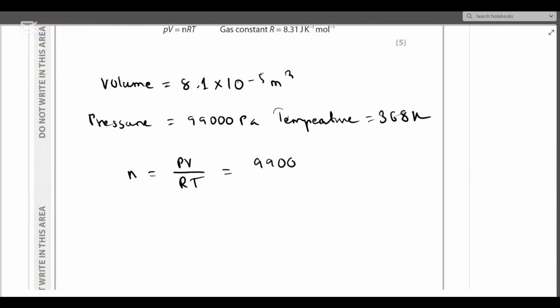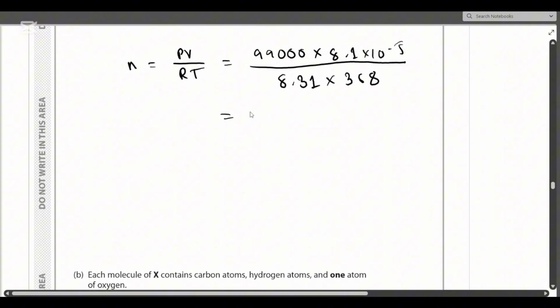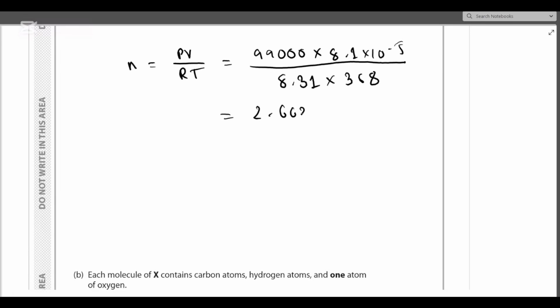You can just plug in all the required values, something like this. And if you plug all the values correctly into your calculator, you get about 2.622 times 10 to the minus 3 mole.